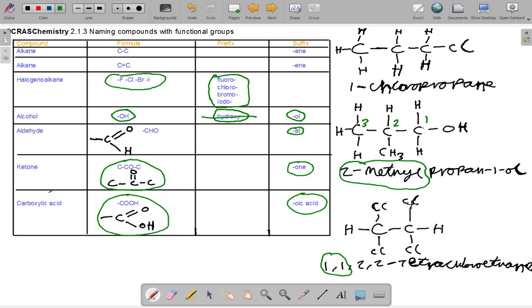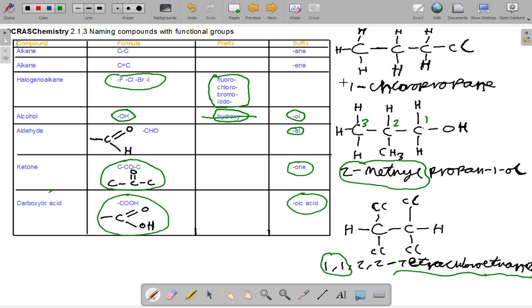And 2,2 just means I have 2 chlorine atoms bonded to carbon 2. Tetra meaning I have 4 chlorine atoms bonded in my entire compound. And ethane just simply meaning the rest is an alkane. This whole molecule is an alkane. It's just I have 4 chlorine atoms bonded to it.